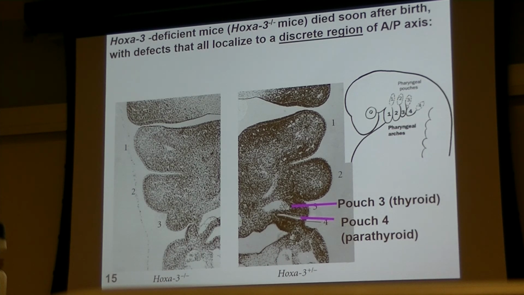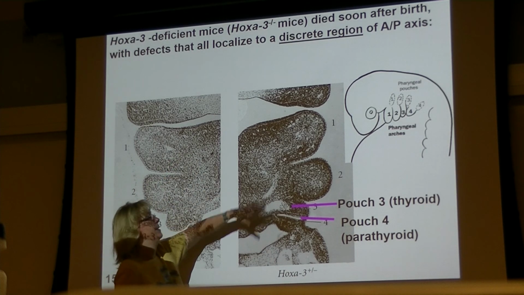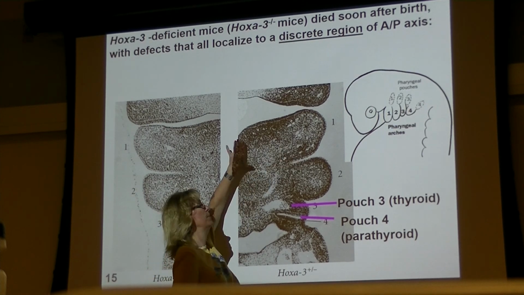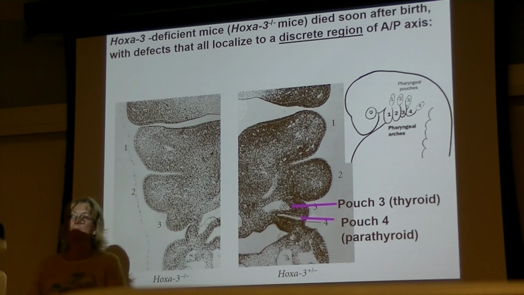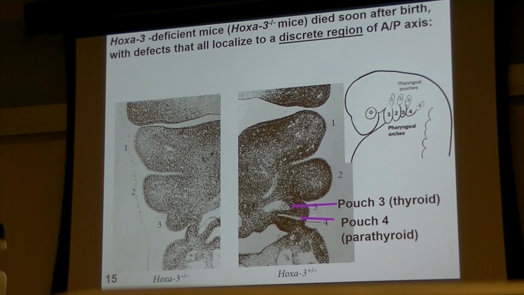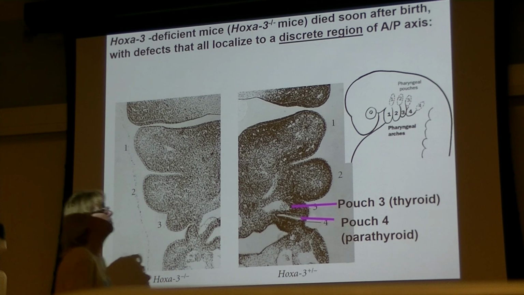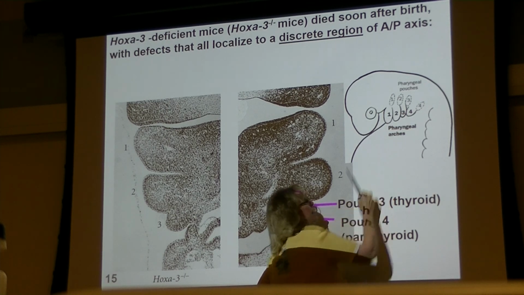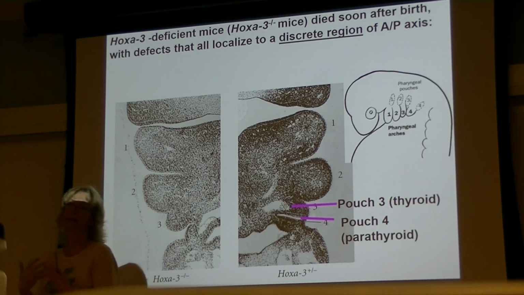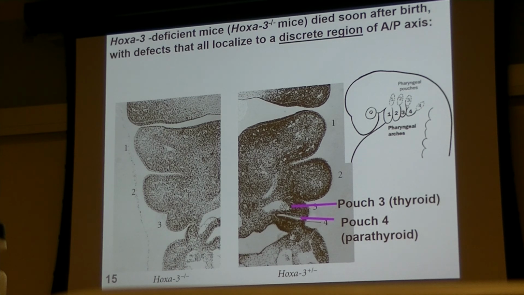Here's a cross-section through an embryo, and you can see one chunk of tissue, a bar, another bar, another bar, and another bar. So the whole tissue of the embryo gets into these mini segmented regions right here, the throat area. And in between each bar of tissue, or each pharyngeal arch, is a little region that is a pouch, or an area where there are very few cells developing.